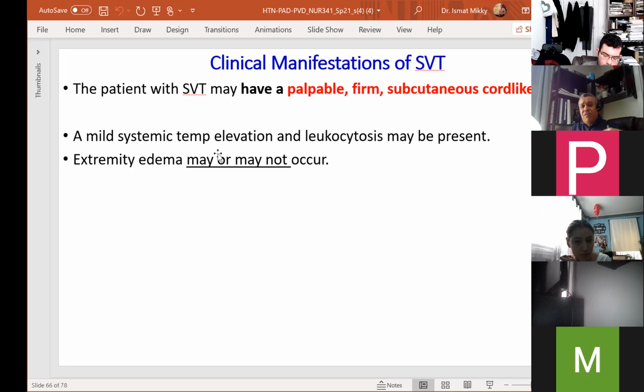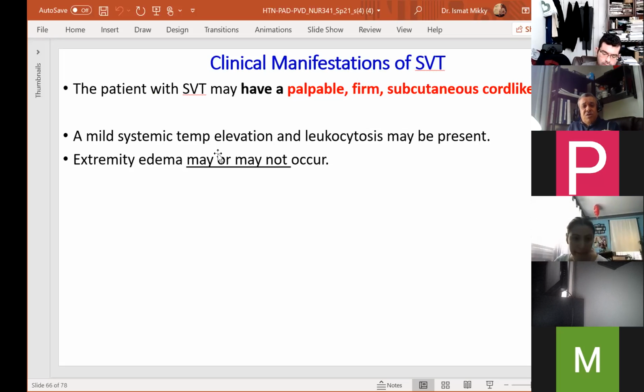Before we move on to the SVT versus the DVT, the acute and chronic venous disorders also include phlebitis. Phlebitis is the acute inflammation of the walls of the small veins.